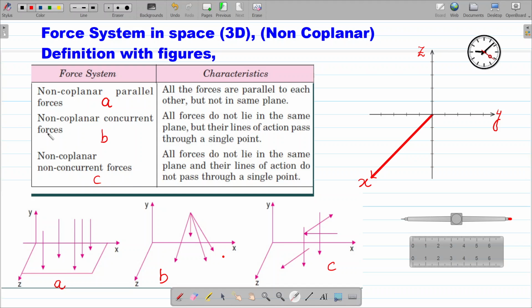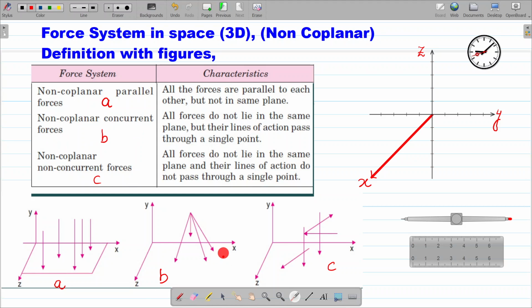So the second one is called the non-coplanar concurrent forces. What does it define? All forces do not lie in the same plane, but their lines of action pass through a single point. So this kind of system is non-coplanar concurrent forces.